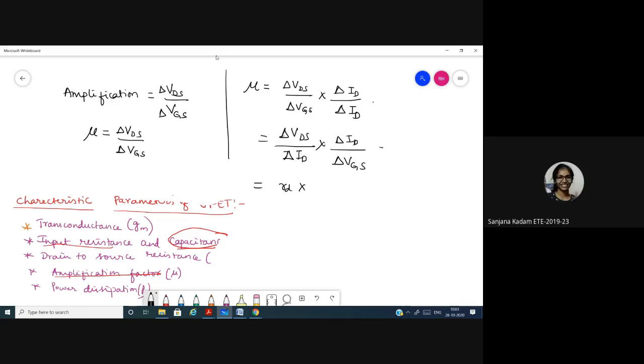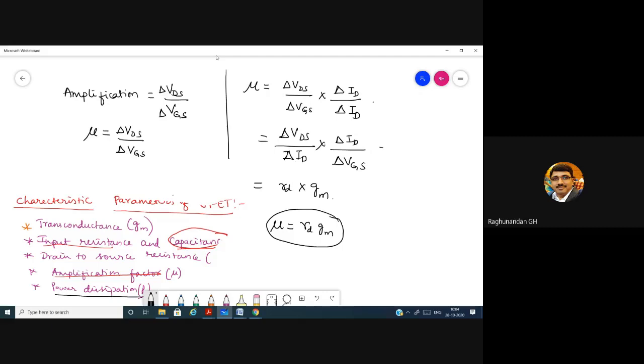The transconductance, GM. So mu can also be written as RD into GM. They can ask for 3-4 marks: derive a relationship between the drain resistance, transconductance, and amplification factor. This is the derivation. After this, the last one we have is power dissipation.